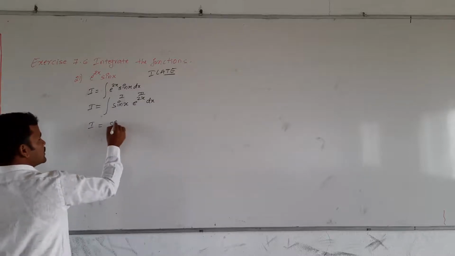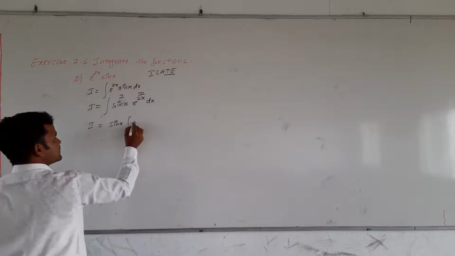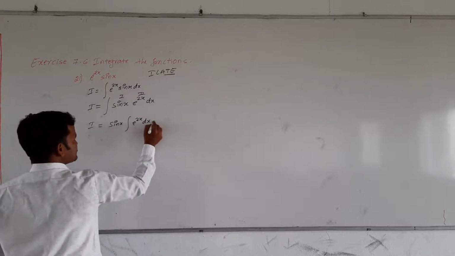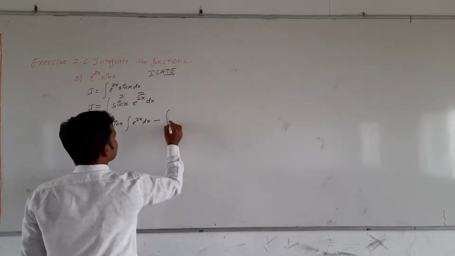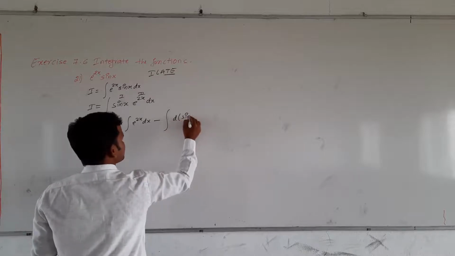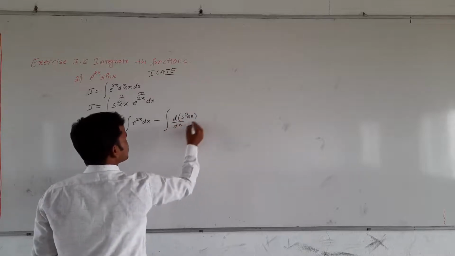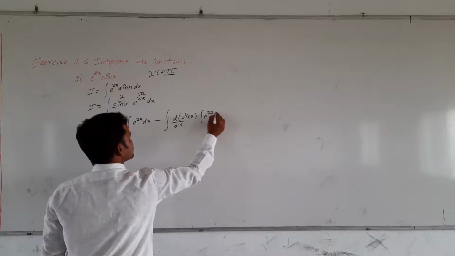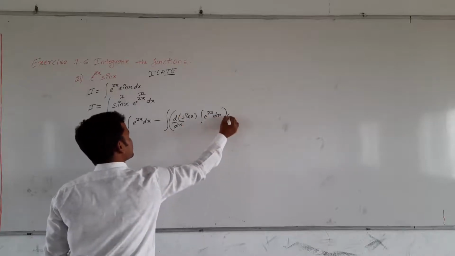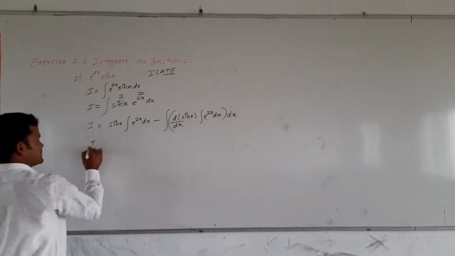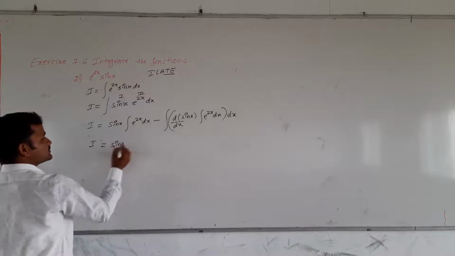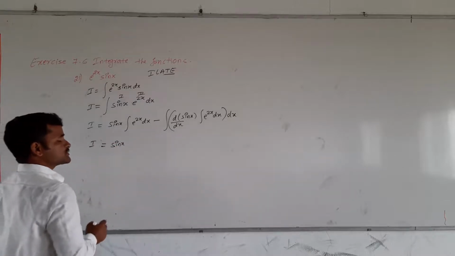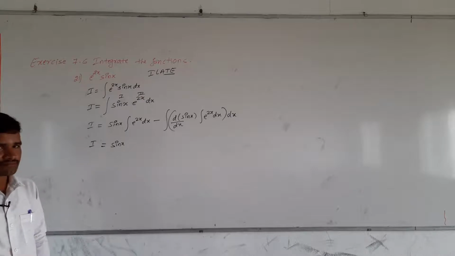We have first function sin x as it is into integration of e raised to 2x into dx, minus the big integral of the differentiation of sin x with respect to x into the integration of e raised to 2x into dx, whole integral with respect to x. I is equal to sin x into the integration of e raised to 2x, which is of the type f of ax plus b.